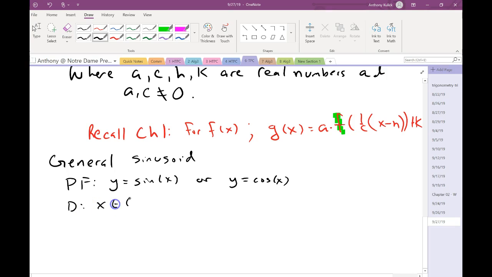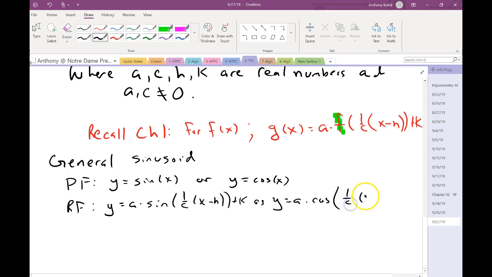The domain, I guess we should probably say the resultant function is going to be these: y equals a times sine 1 over c x minus h plus k, or y equals a times cosine 1 over c x minus h plus k.